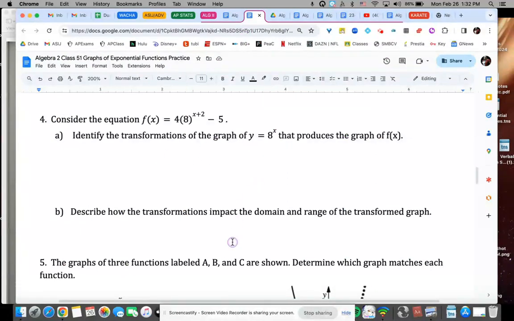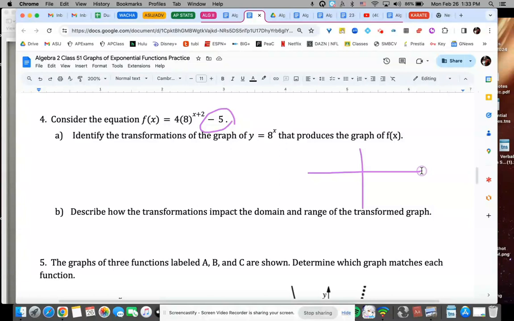Describe how the transformations impact the domain and range. Right. So that number on the end shifts it up and down, which changes your asymptote.